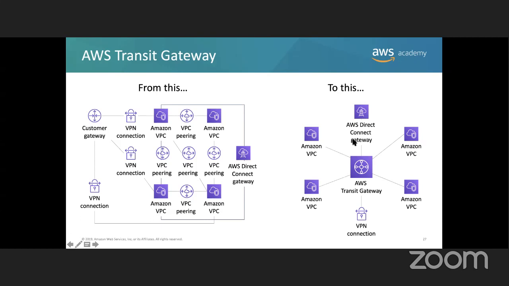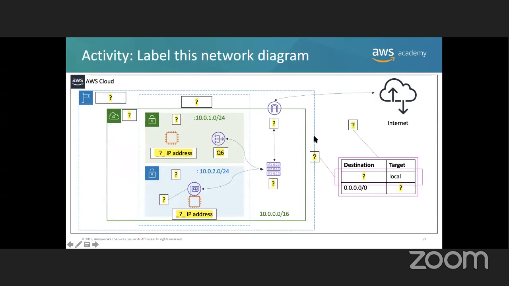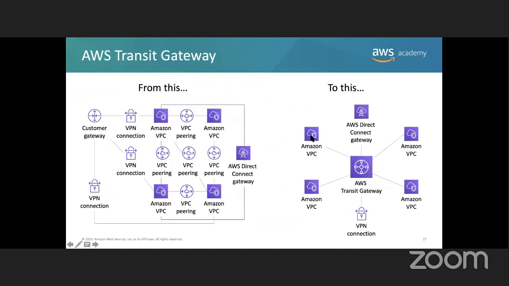Now they get this transit gateway, and they can connect one thing to the other. So this VPC can be connected to this VPC through the AWS transit gateway, and this direct connect gateway can be connected to this, and this VPN connected.